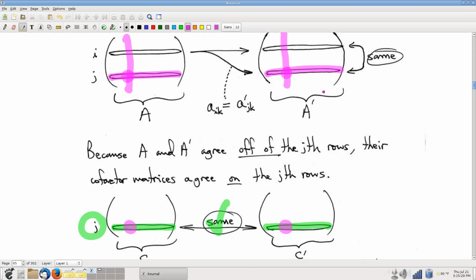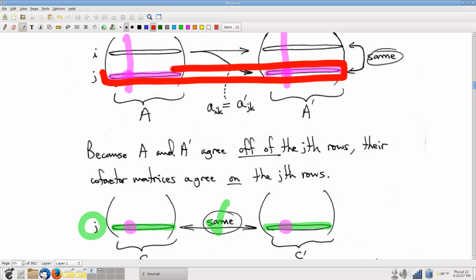And the big point here is that, keep in mind, we already agreed that the only differences between A and A prime are in that jth row. So specifically, in computing cofactors that are on the jth row, I'm crossing out the only things that make these two matrices different. And I'm also crossing out this column. Doesn't really change the fact that what's left over here is exactly equal to what's there.